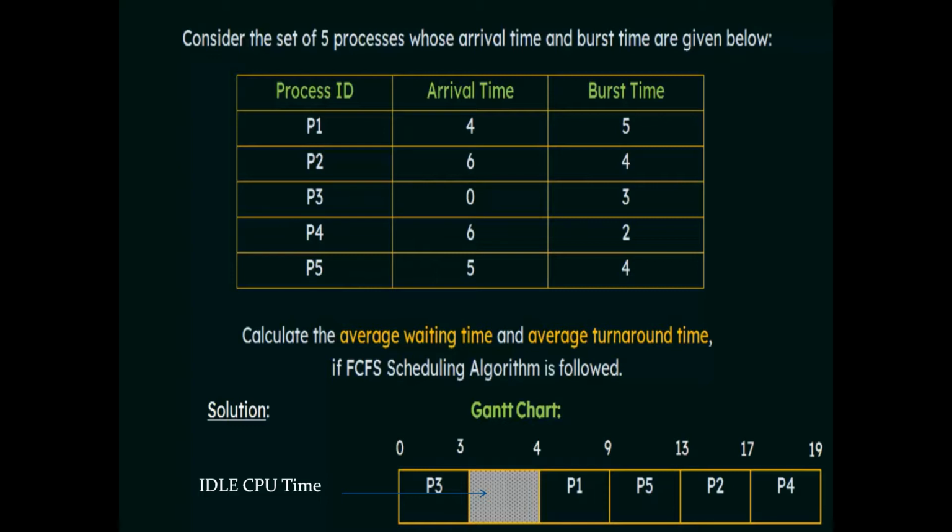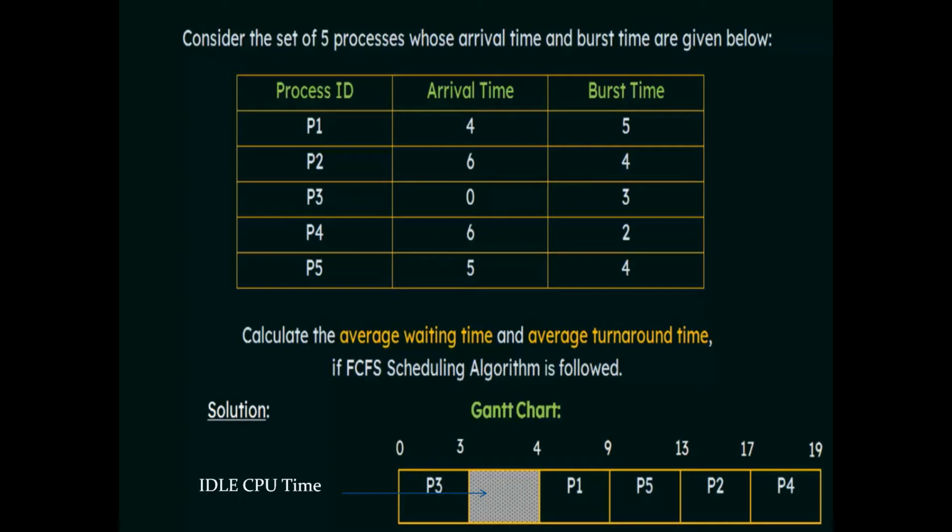Now here we consider that P2 comes before P4, because 2 is a lesser number than 4. Then we take P2 first and after that P4. So we consider that P2 comes first.